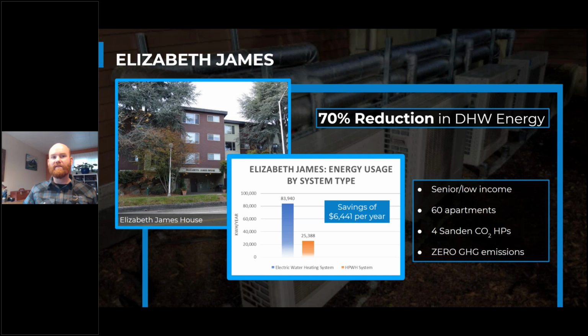And we're saving about $6,000 and some change per year, which equates to about $100 per resident in the building of financial savings, which is fantastic for these senior low-income folks as they need to reduce their bills. We all want to reduce our bills, but there's more reason to do so in certain situations.